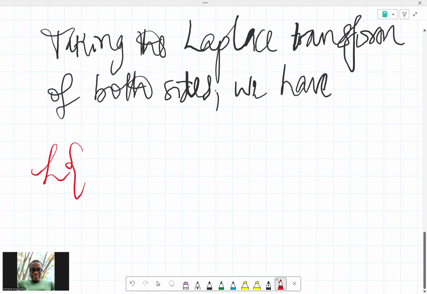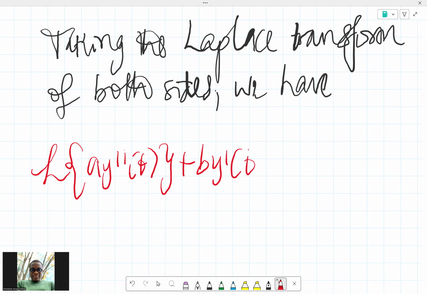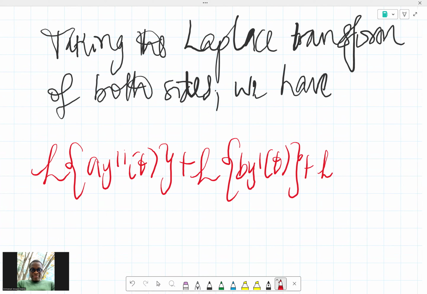We take the Laplace of everything, and it is linear, so we can take it one after the other.